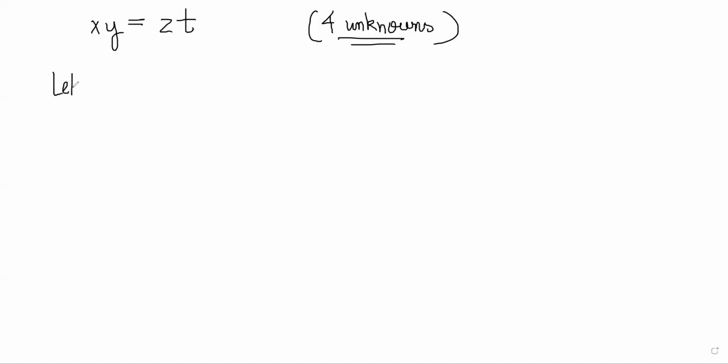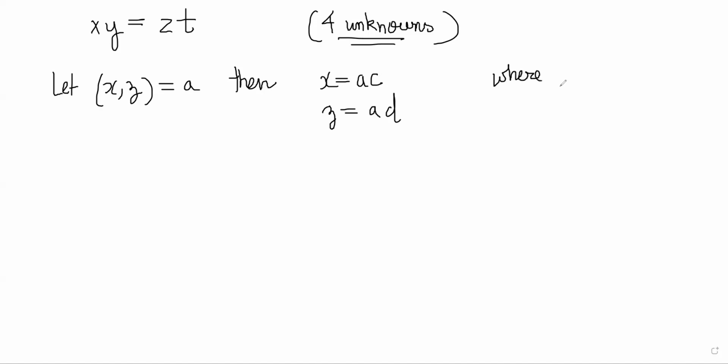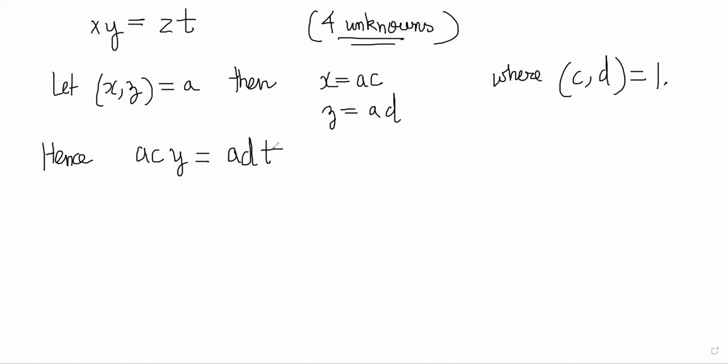So we can say let x and z GCD be a, then x should be a times c and z should be a times d, where c and d are co-prime with each other, right? Hence, if you put x in this equation, acy is equal to adt, right?